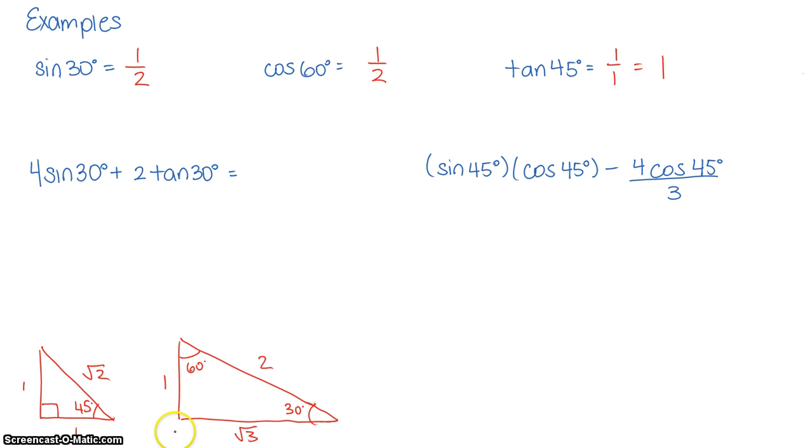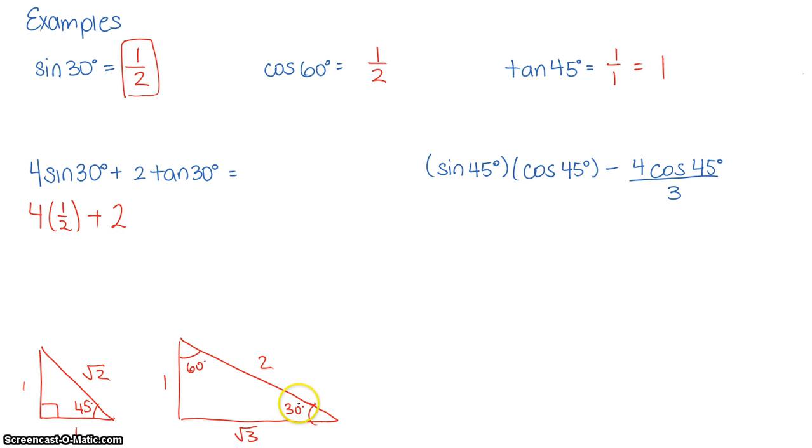You should know these triangles and know how to apply sine, cosine, and tangent to any of those angles to get those ratios quickly. Then you can look at harder calculations like these. Now sine of 30, we've already calculated that to be 1/2. So you can say 4 times 1/2 plus tan of 30. Now I haven't calculated that one yet, but here's my 30 degrees.